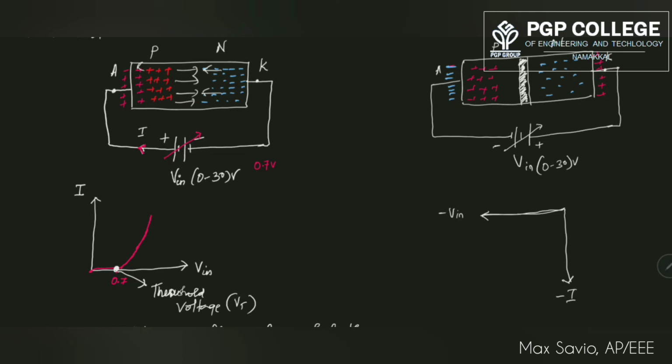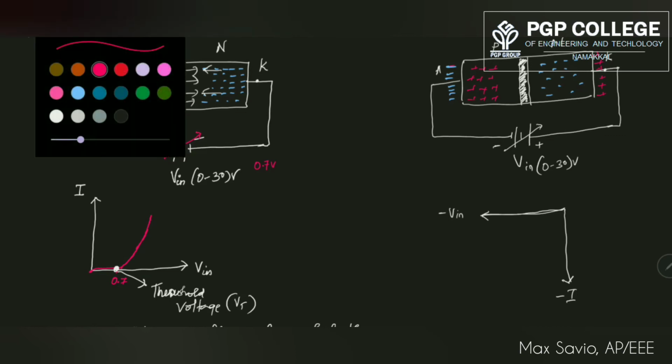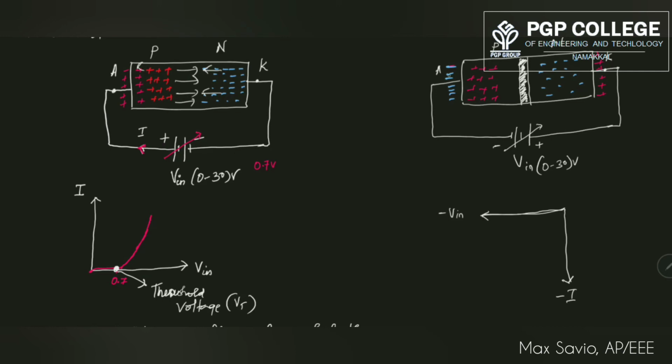The positive charges in the p-type are now attracted towards the newly accumulated negative charges, and these holes start to move to the outside of this part, away from the junction. Similarly, the electrons move away from the junction and reach the terminal point, because opposite charges are accumulated at the cathode.